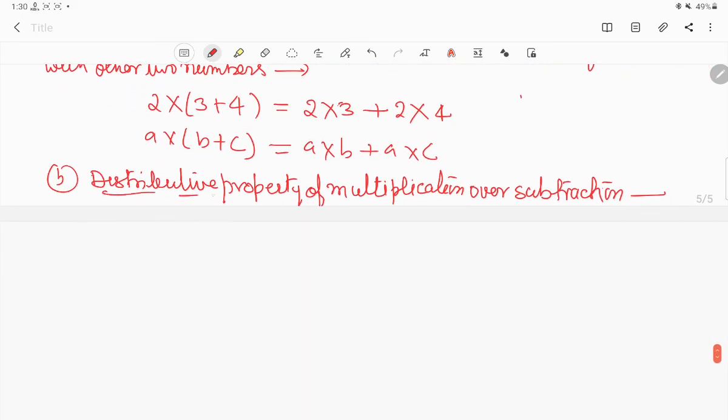What is that? The product of a number with the difference of two numbers.